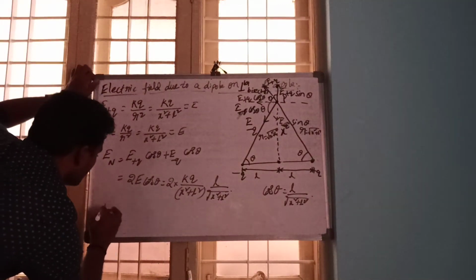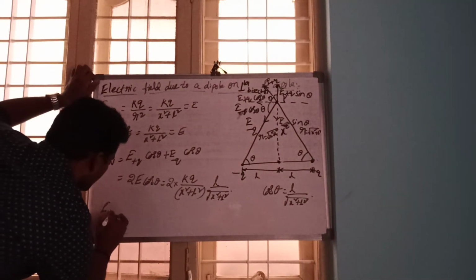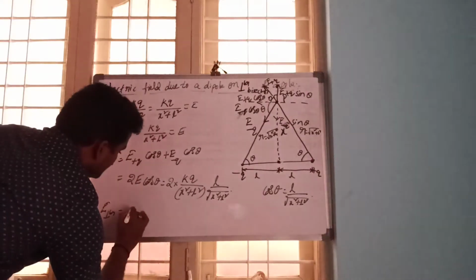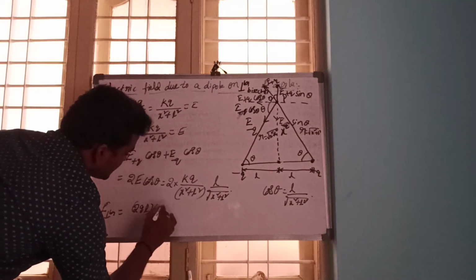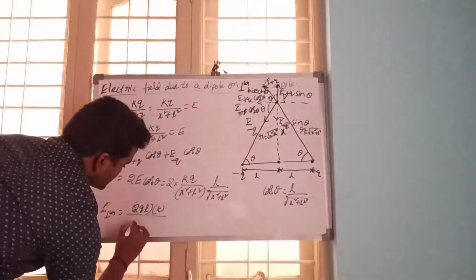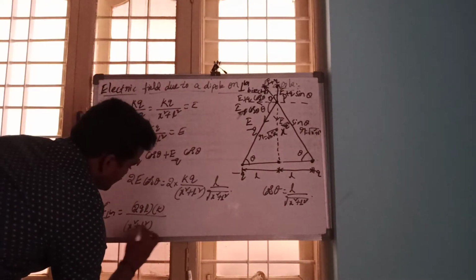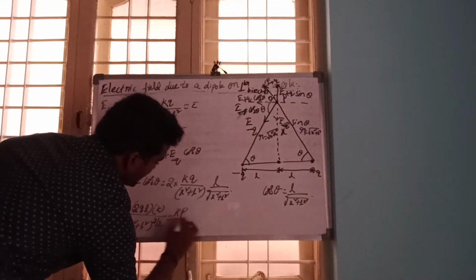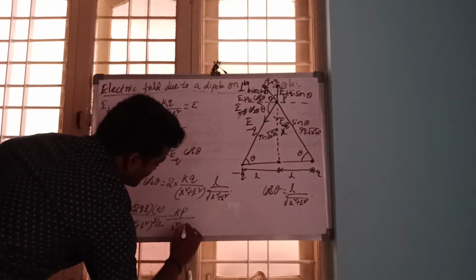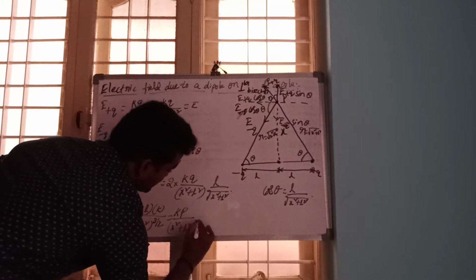Now E perpendicular equals 2q into L into k divided by x square plus L square whole power 3 by 2. So kp divided by x square plus L square whole power 3 by 2.